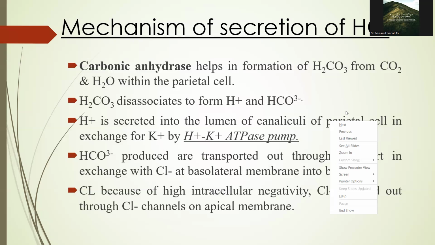In the lumen, hydrogen ion and chloride combine to form HCl. Now this is the alkaline tide, a clinical concept related to the mechanism of HCl secretion. After every meal you take, bicarbonate enters the blood and the blood becomes slightly alkaline. This is called alkaline tide.